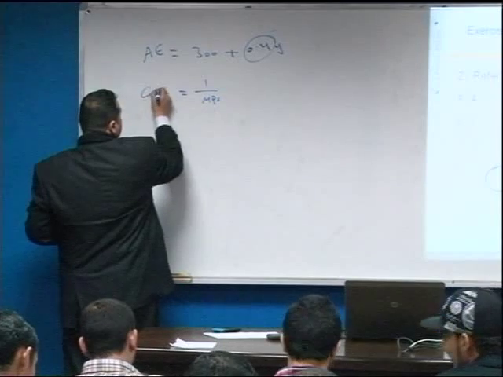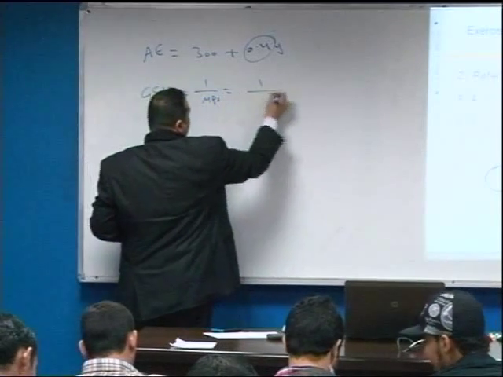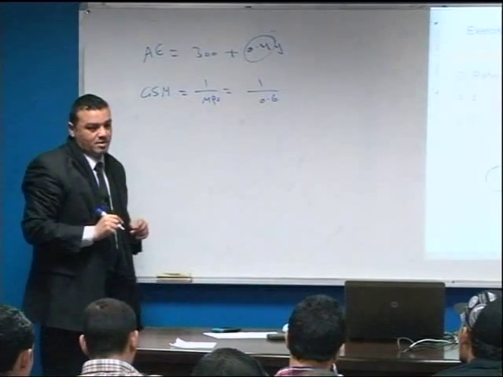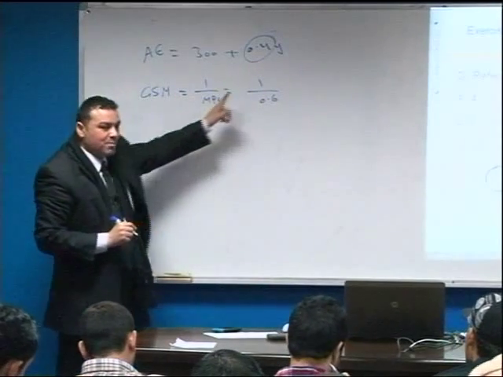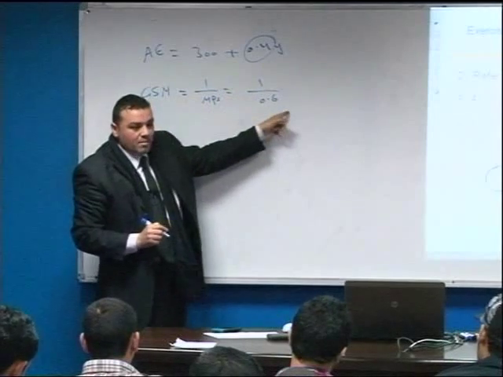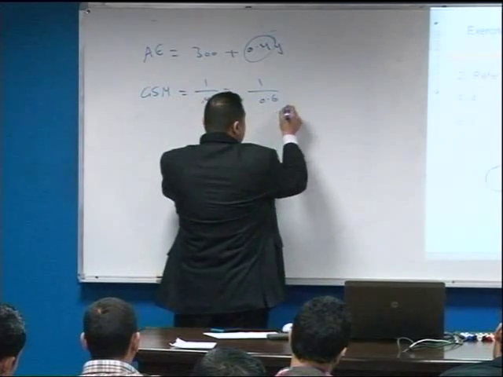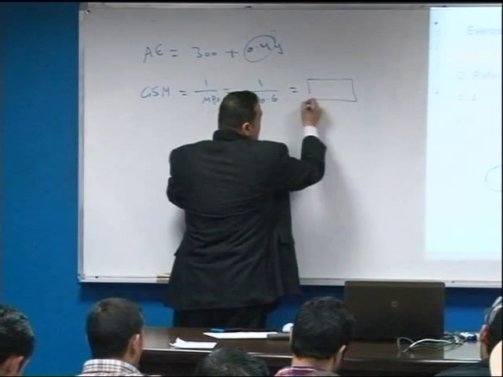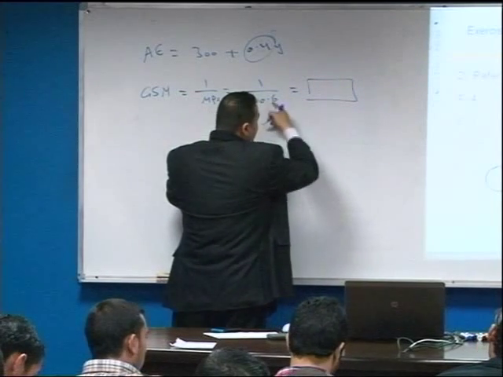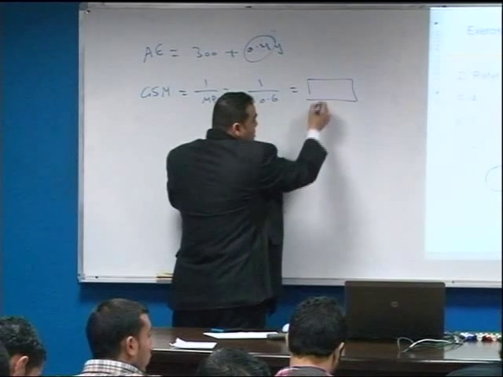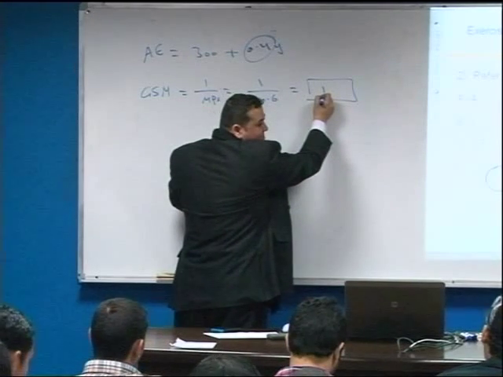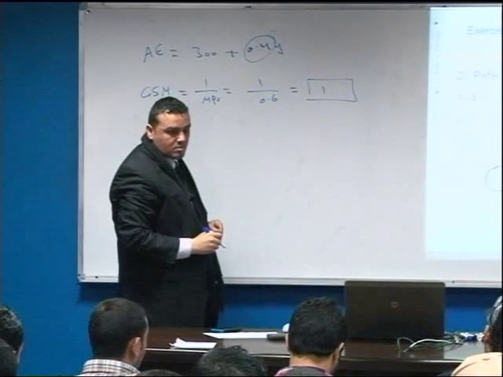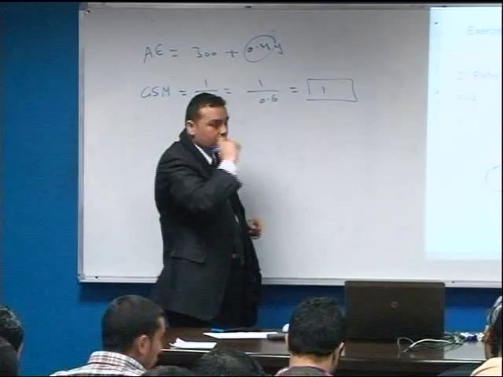This is the government spending multiplier, 1 over 0.6? Right? That is the MPC, which is equal to 0.6, but the government spending multiplier is 1 over MPS, the marginal propensity to save. How much does this come to? 1 over 0.6, how much? Okay.